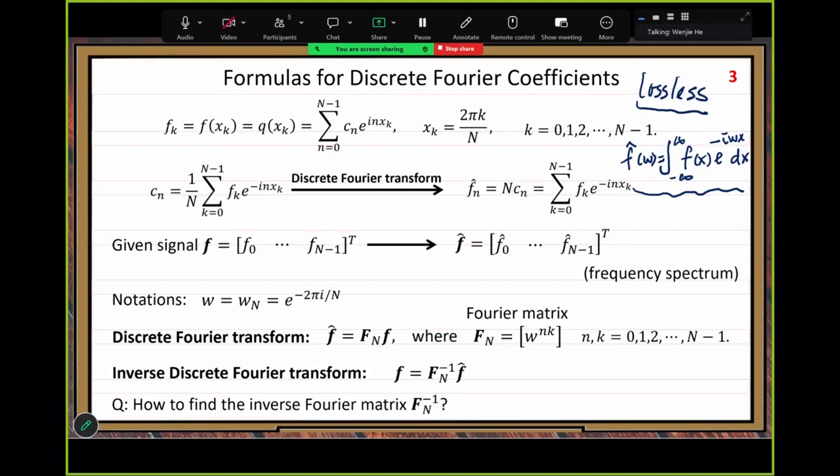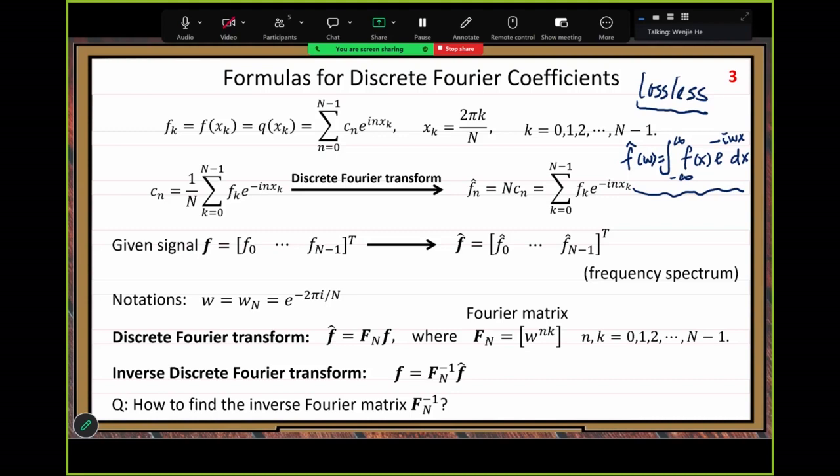When you change the subscript n, you use n here. So for different subscripts, you replace those subscripts in that exponent part.